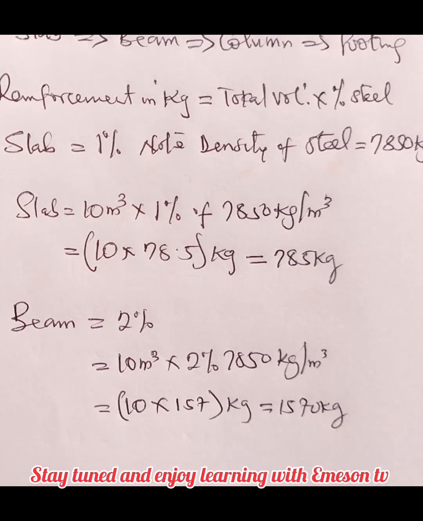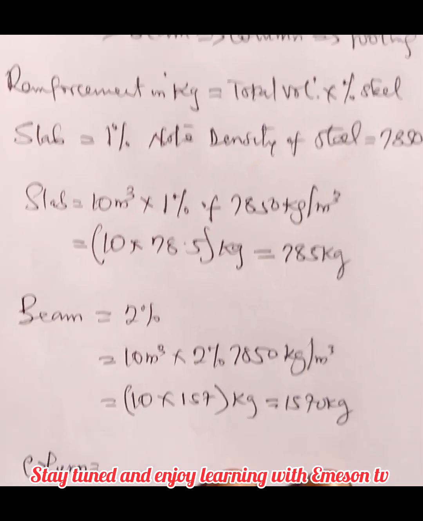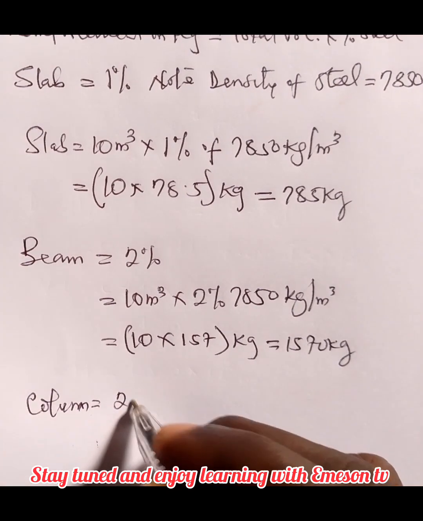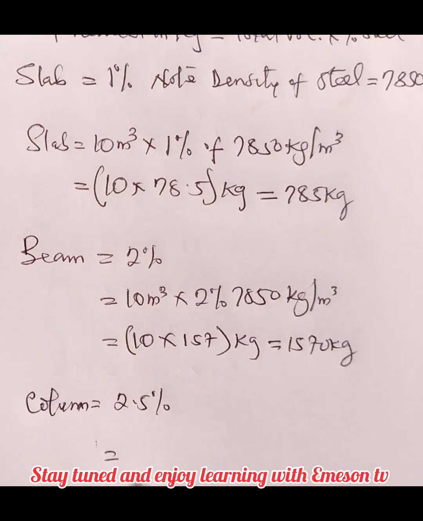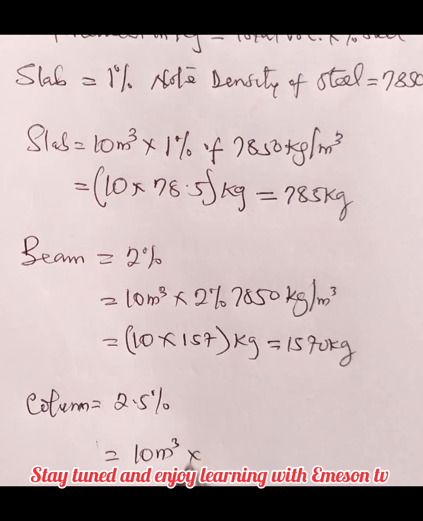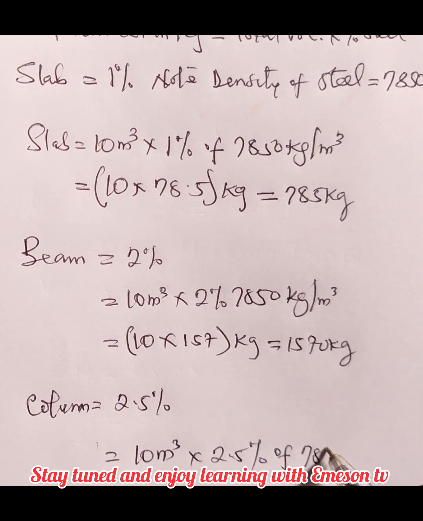So let's go over to our column. For column, what is the percentage of steel present in column? We're using 2.5%. So for 2.5%, we have the total cubic multiplied by 2.5% of 7850 kilogram per meter cube.